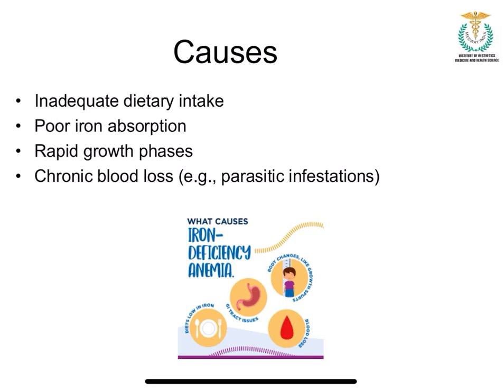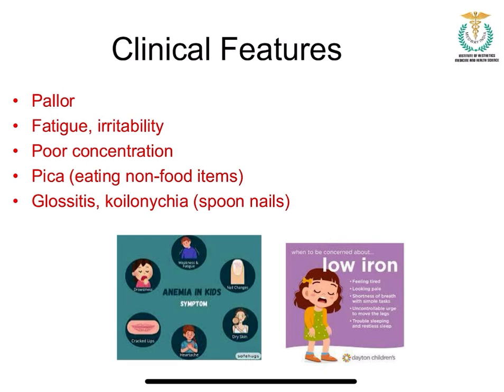Even though the child is taking enough iron and it is getting absorbed properly, there are sometimes physiological spurts where there is a deficiency of iron in the body causing iron deficiency anemia. And then there is chronic blood loss, like in parasitic infections, such as Entamoeba histolytica, where you lose blood constantly. And hence, you can have microcytic hypochromic anemia.